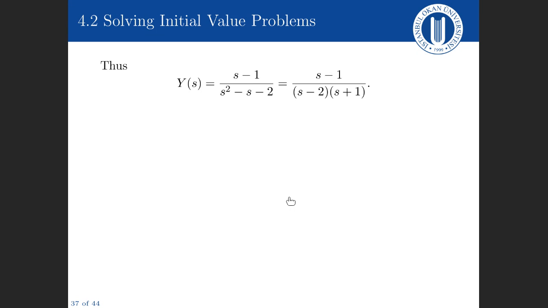We can rearrange this to Y = (s - 1) / ((s - 2)(s + 1)).